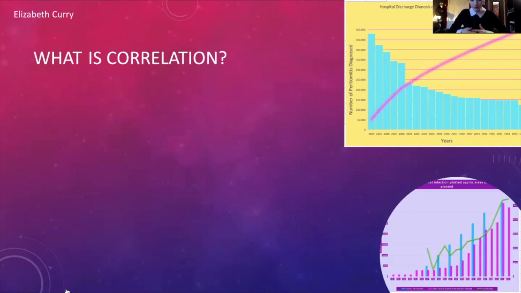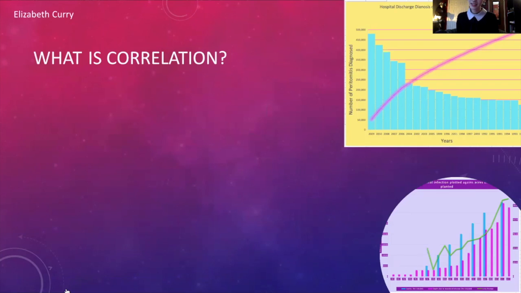It fluctuates positively when the variables increase together, which could be a good or a bad thing. And it fluctuates negatively when one variable increases and the other decreases, which could also be a good thing or a bad thing.